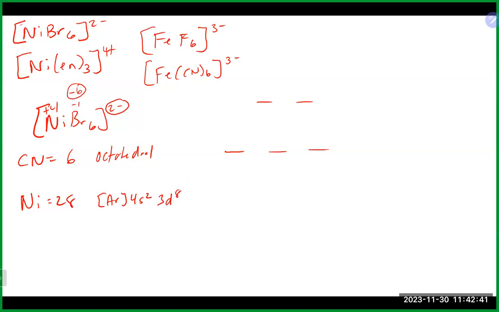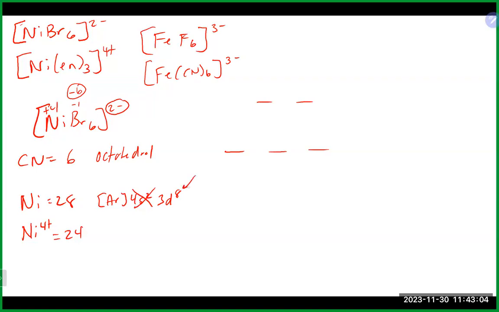which means if we did the electron configuration, that's argon 4s2 3d8. With nickel carrying our +4 charge in this particular case, it has lost 4 electrons, so it has 24 electrons. As we talked about earlier, when transition metals lose electrons, they toss out the s's first. So we toss those out first, and that is 2 of the 4 we need.